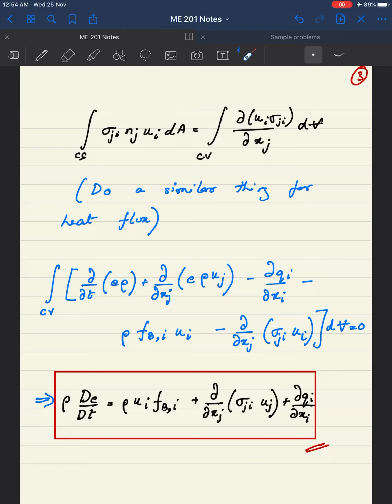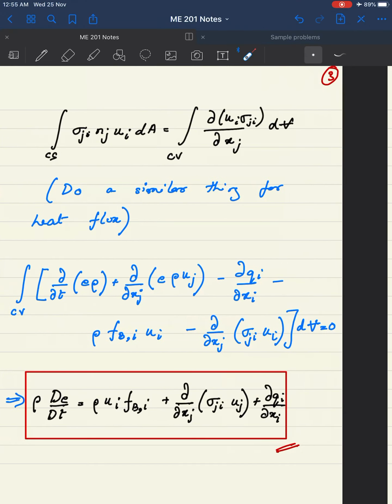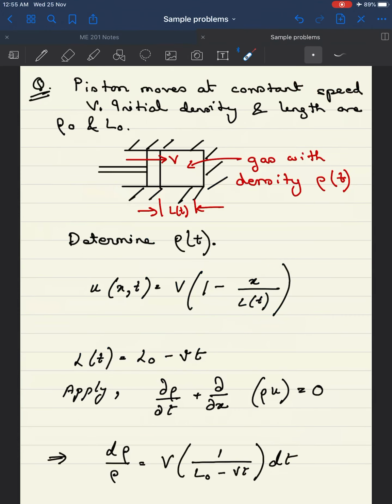Again, as I said, it's in the book. I'm not doing a very thorough job of deriving this, because it involves the exact same ideas that we have already used before, so I don't want to repeat myself.